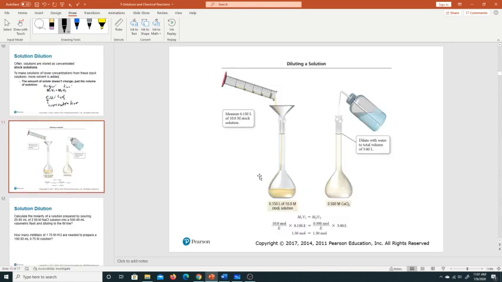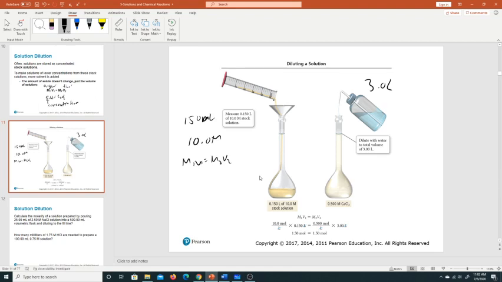So the way this works, let's say we have a 10 molar stock solution, and we have 150 milliliters, or 0.150 liters. We want to dilute this to 3 liters total. I want to make a 3-liter solution. What is going to be the new molarity? Well, we use M1V1 equals M2V2.